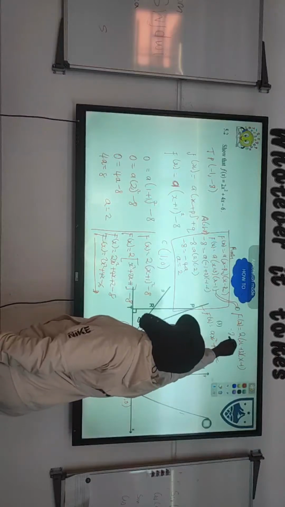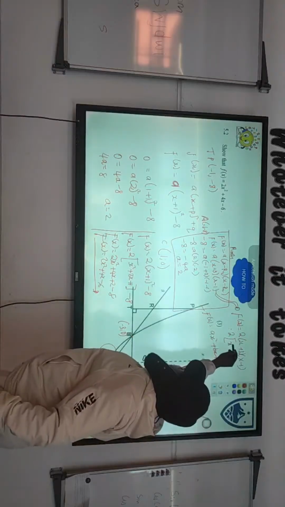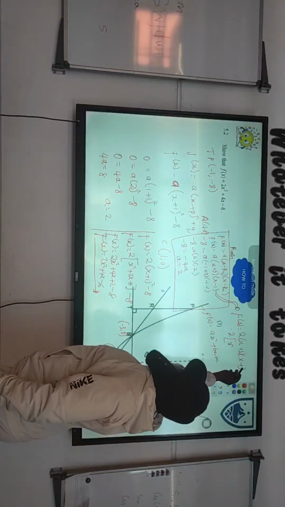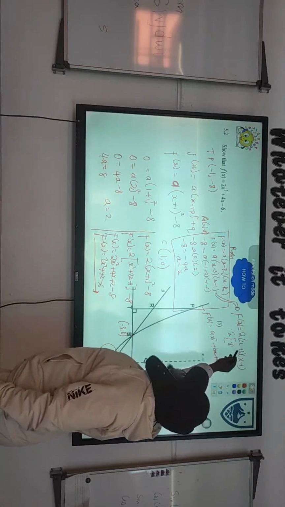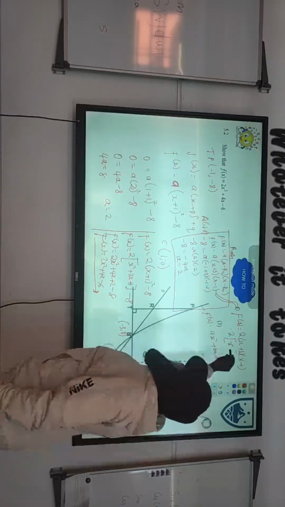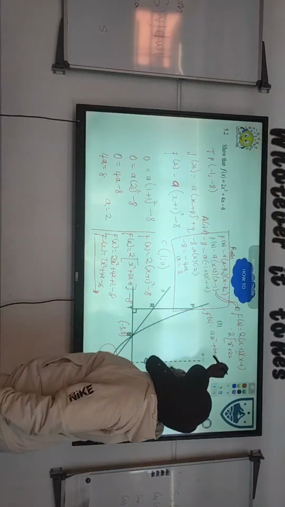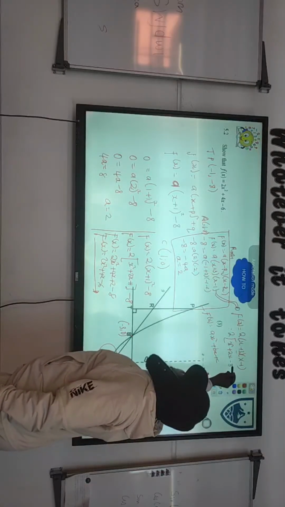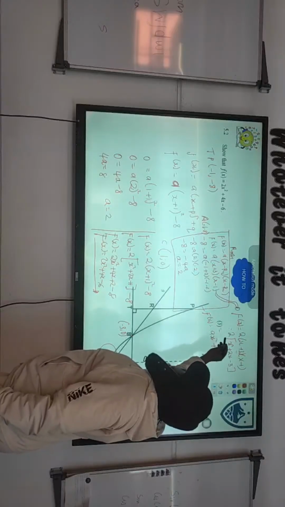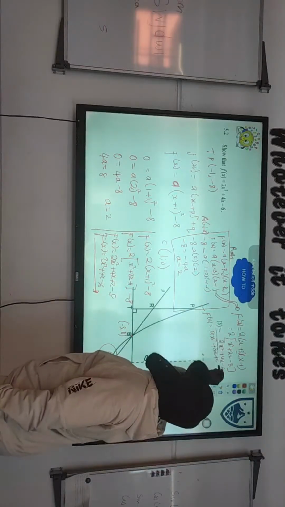Then I expand this. x times x will give me x squared. x times negative 1 will give me negative x. 3 times x will give me 3x. Both of them will give me 2x combined. 3 multiplied by negative 1 will give me negative 3. And then I multiply everything. This will give me 2x squared plus 4x minus 6.